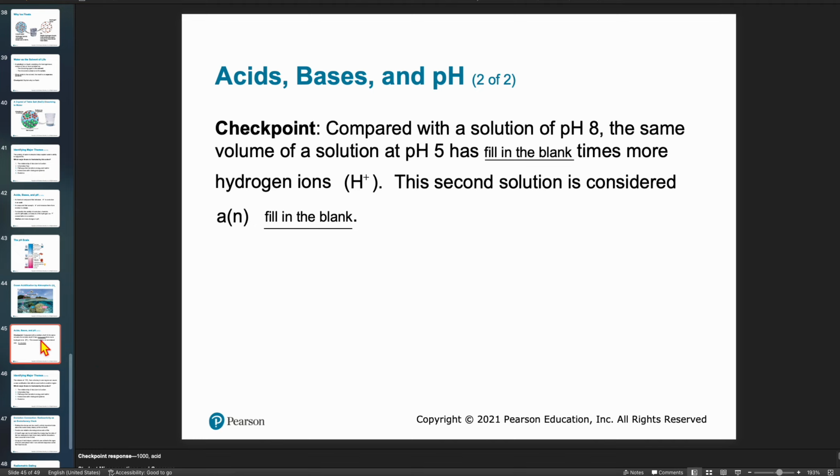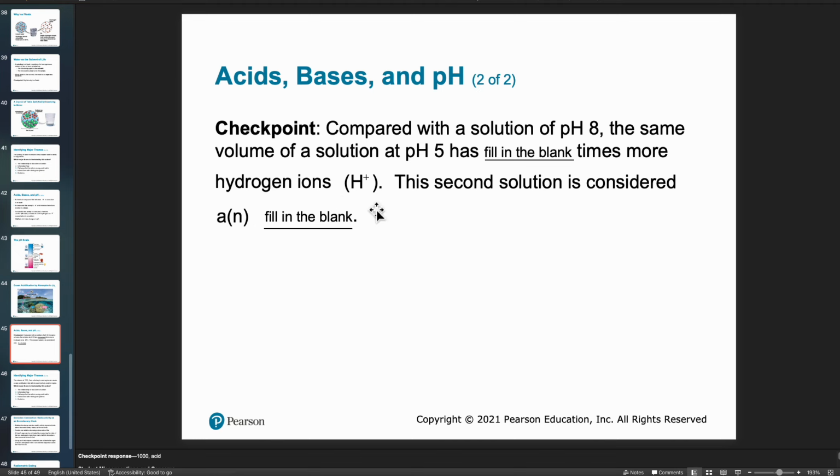Okay, moving on. Matter of fact, look what someone asked on the test right here, or this question. Compared with the solution of pH 8, the same volume of solution of pH 5, now we know what? That pH 8 would have what? 1,000, because 8 to 5 is 3 jumps, 1,000 times more hydrogen ions.